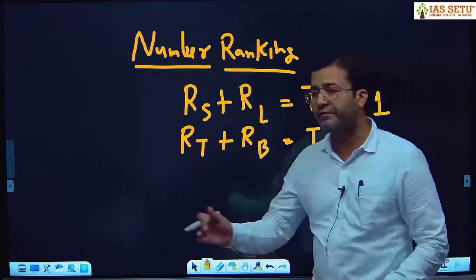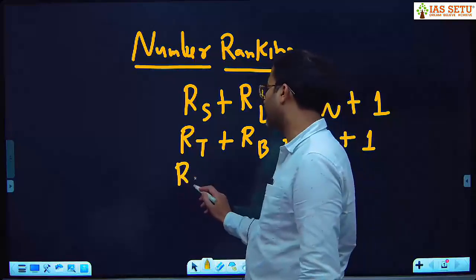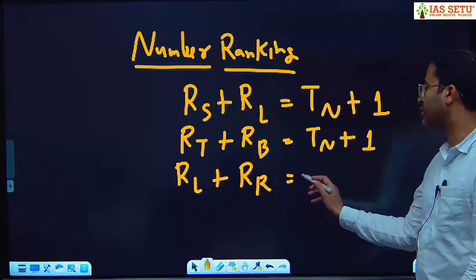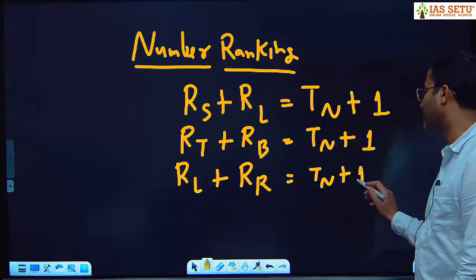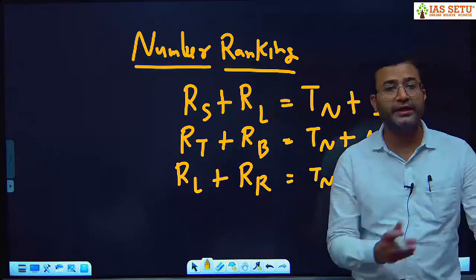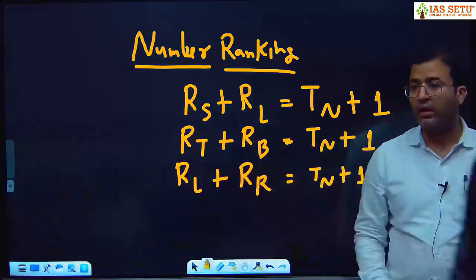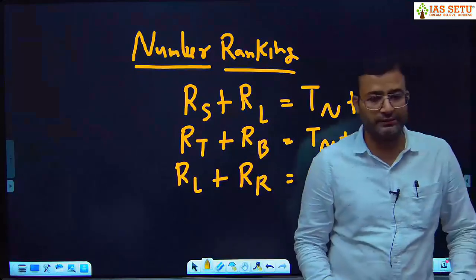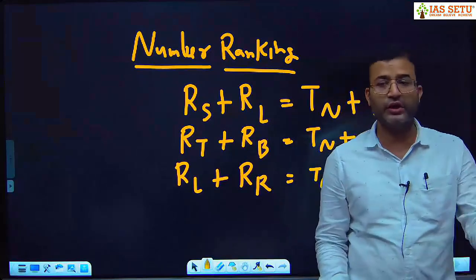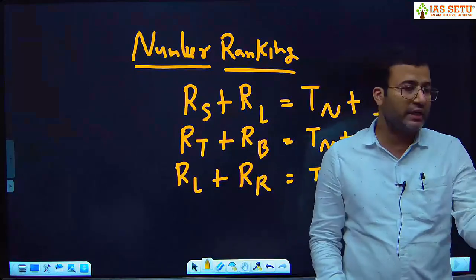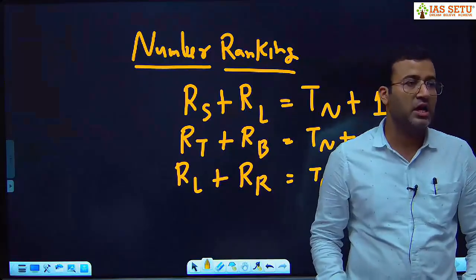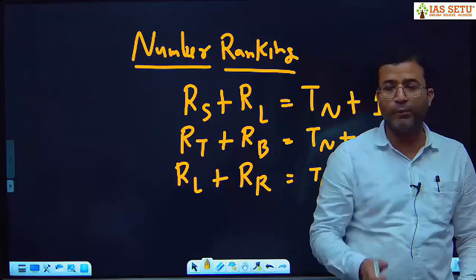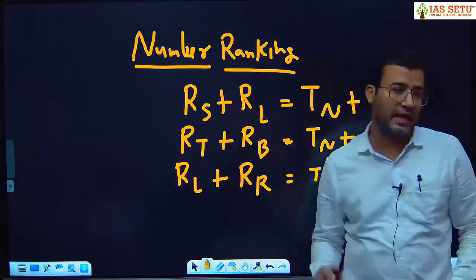It can be left and right: ranking from left plus ranking from right is equal to total number plus 1. Like in a row, there are 50 probationers in your academy, and you are the 11th from the left side. We have to find your ranking from the right side. It can be top and bottom. It can be starting and last.